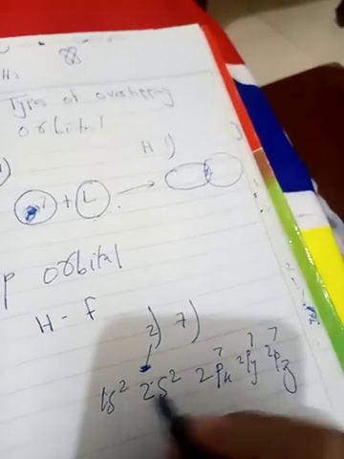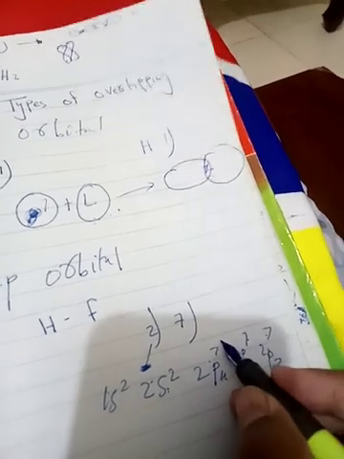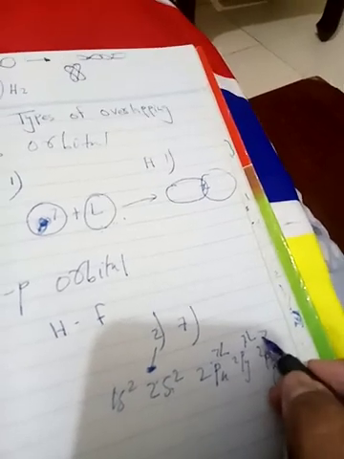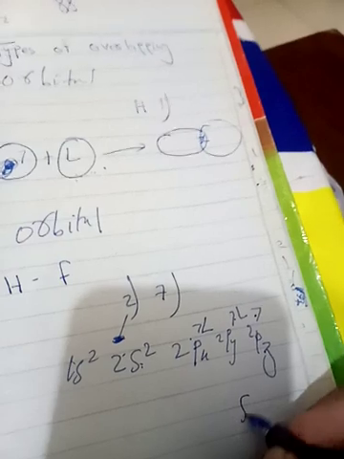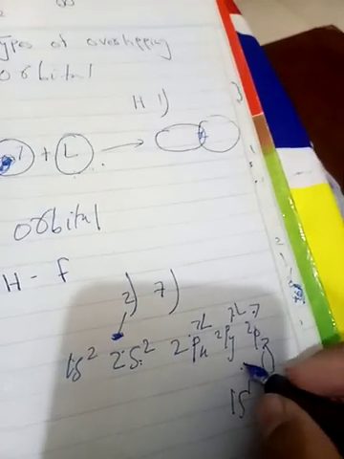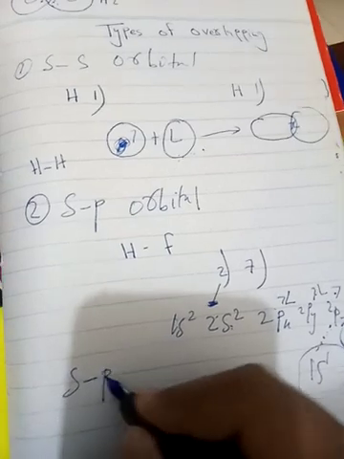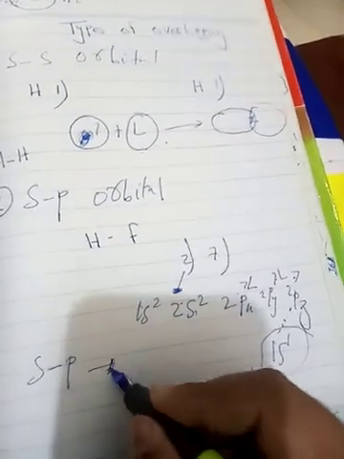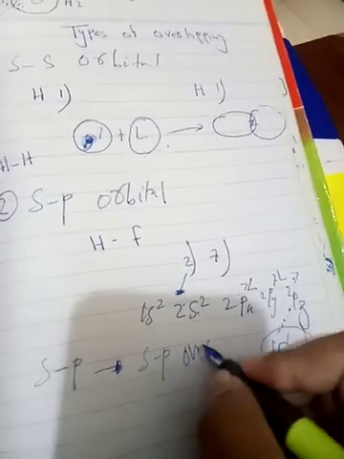Now 2 are here, 2 are here, 4, 5, 6, 7, and 2 more are required, 8 and 9. So this one is the free electron, and it requires one more electron, then it will make a bond with hydrogen. Hydrogen has only one electron. So when they make a bond, this bond is between the s and p orbital, and this overlapping is called sp overlapping.